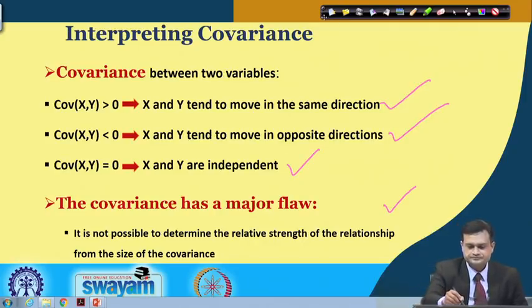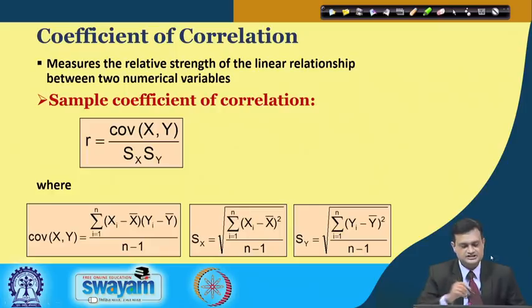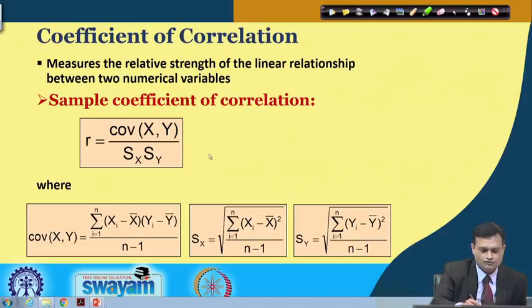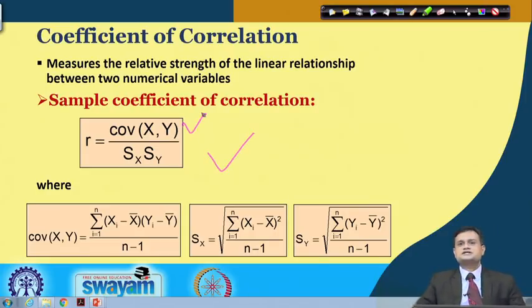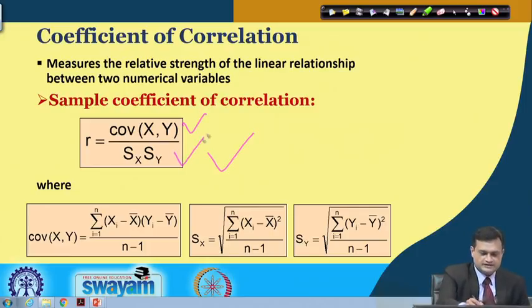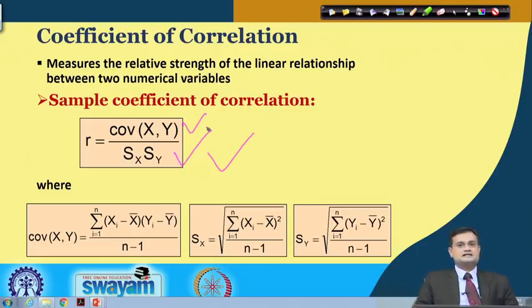So, here obviously I would like to investigate the strength of the relationship also, and for that you have a measure which is called R, the coefficient of correlation. So, the coefficient of correlation basically uses the value of covariance xy divided by Sx, that is the sample standard deviation of variable x, and Sy, the sample standard deviation of variable y.